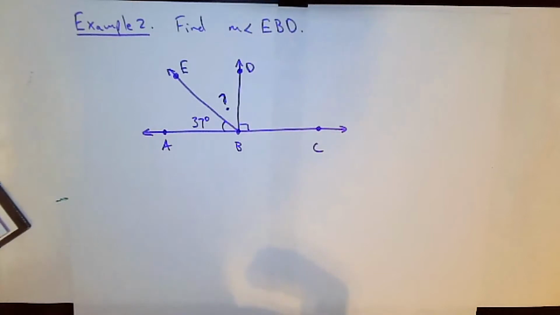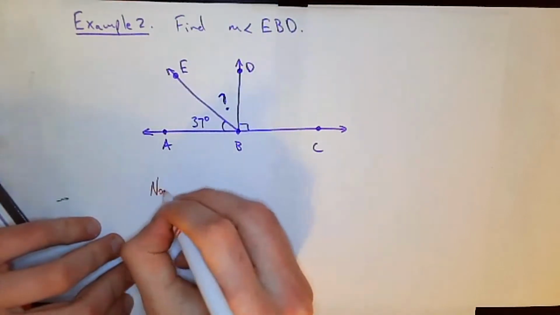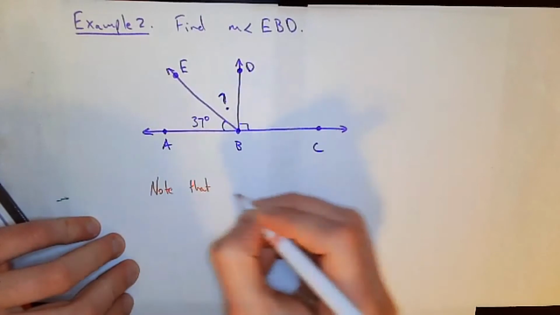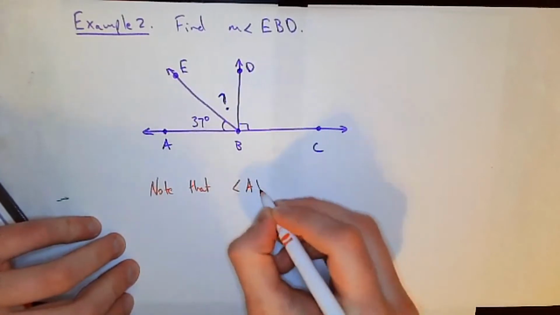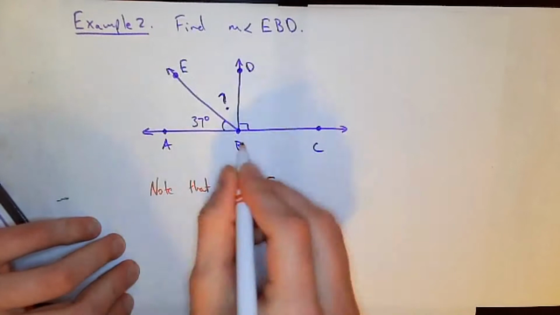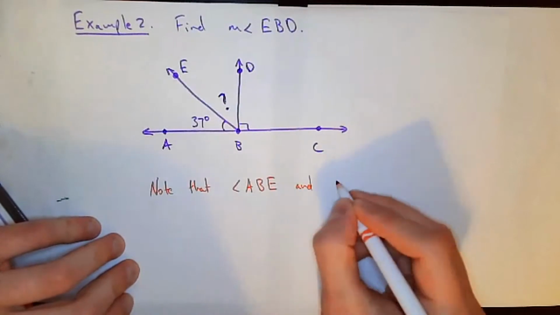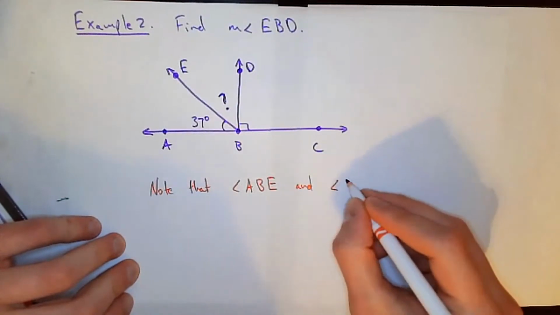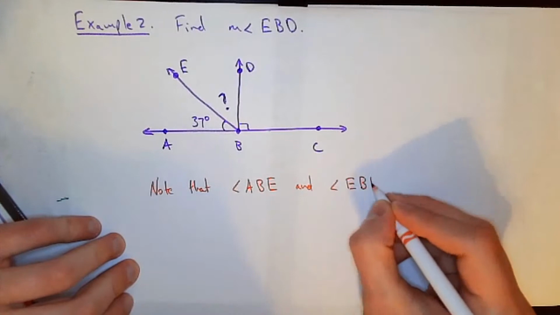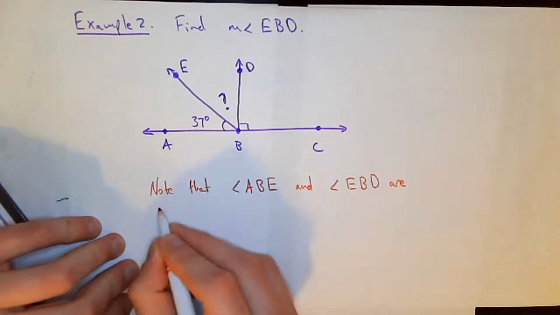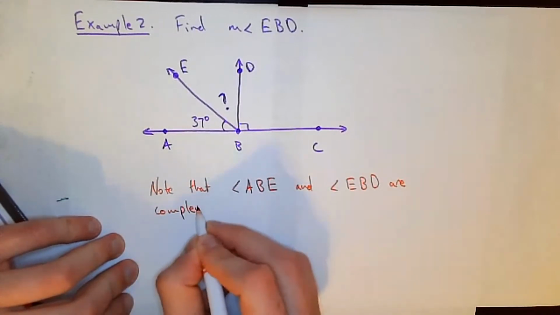Well, what can I say? Note that angle ABE and angle EBD, the one we want, are complementary. Why?